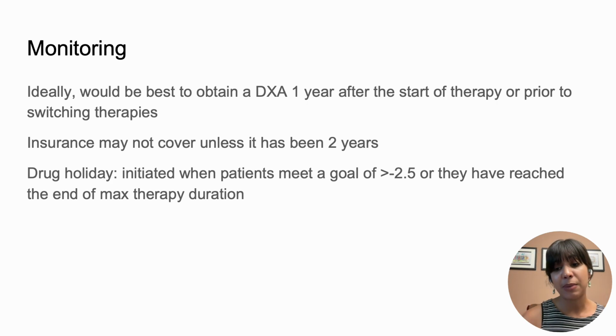So it's important to give patients breaks from these medications to minimize side effects, and they may not have benefit beyond that greater than -2.5 threshold if they've already been on it for a decent amount of time. So, things to consider with your patients when determining duration of therapy.